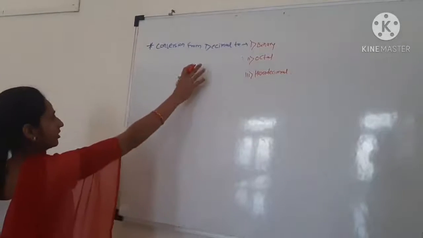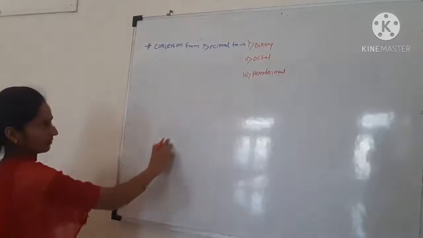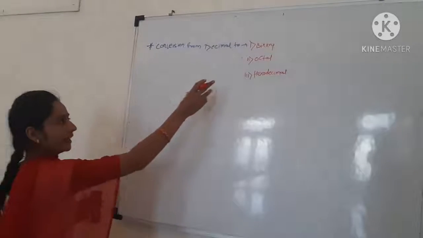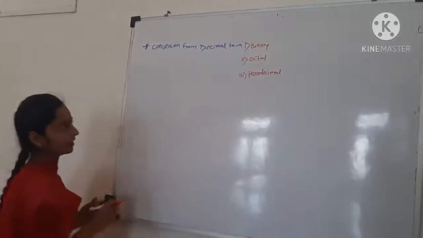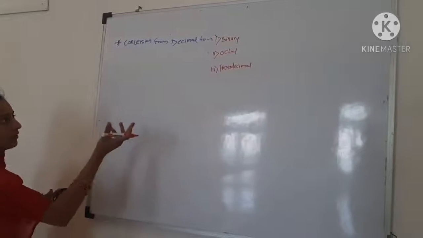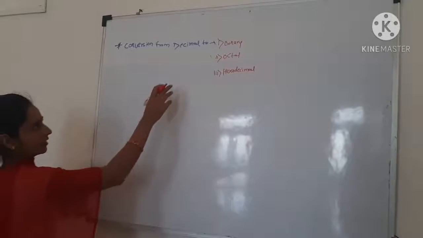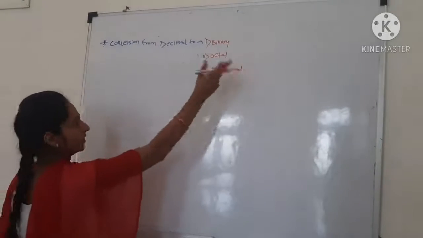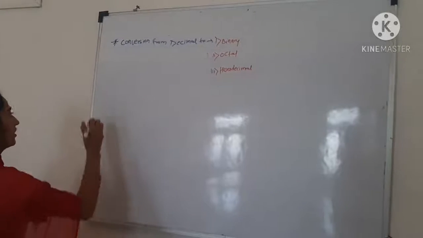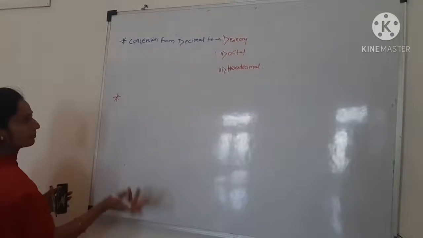In that we saw the process for two different parts, integer part and fractional part. In the integer part we divide by the base of the system we are converting to, and in the fractional part we take that base as a multiplying factor.